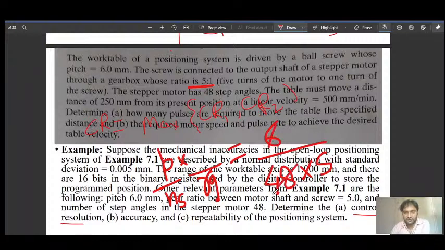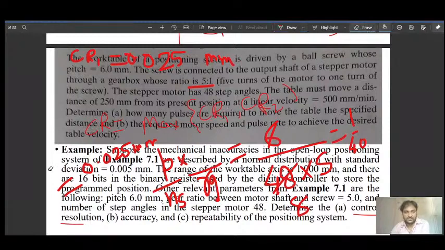So we have 1 by 40 mm, which becomes 0.025 mm. That is your CR1 value. So let me write it here, CR1 is 0.025 mm.